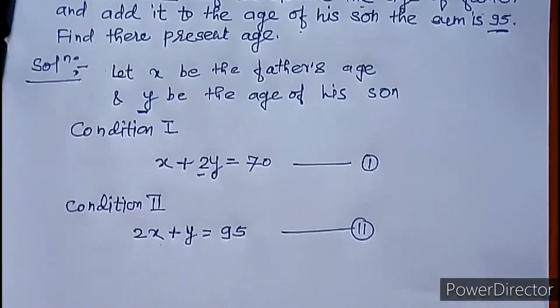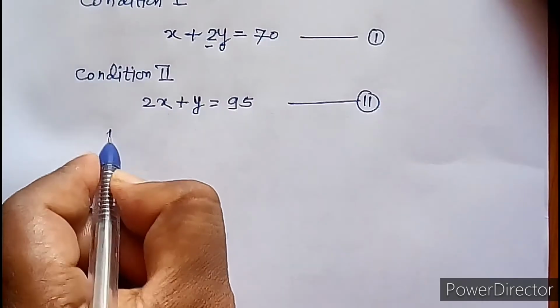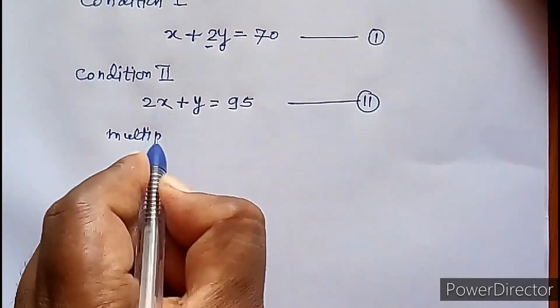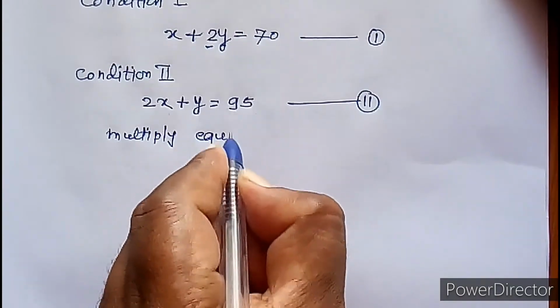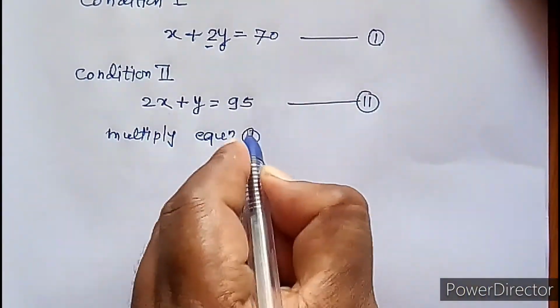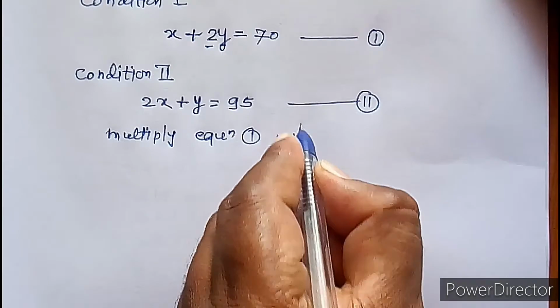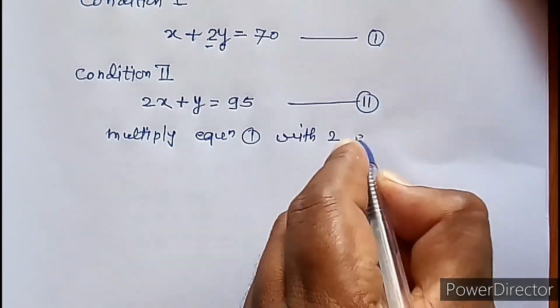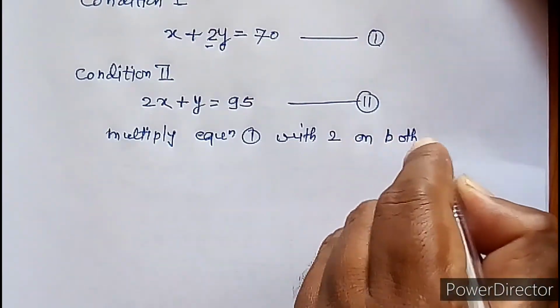Now we have to solve these two equations. Multiply equation 1 by 2 on both sides.